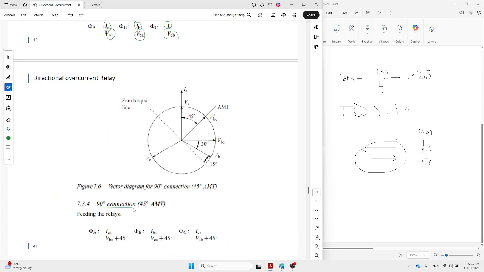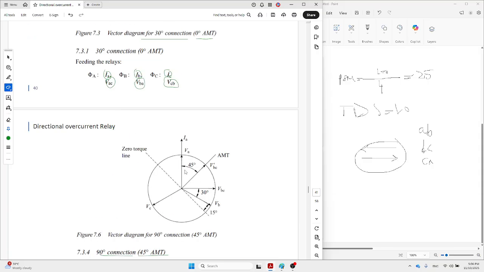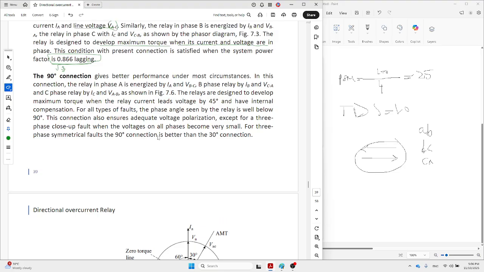For the other one, which is called 90-degree or AMT 45-degree, you can see it here. It is A plus VBC. So whatever VBC is, you must add 45 degrees to that one. Again, VBC plus 45 degrees. And then he explained this one: this connection also ensures adequate voltage polarizing except for a three-phase close fault.